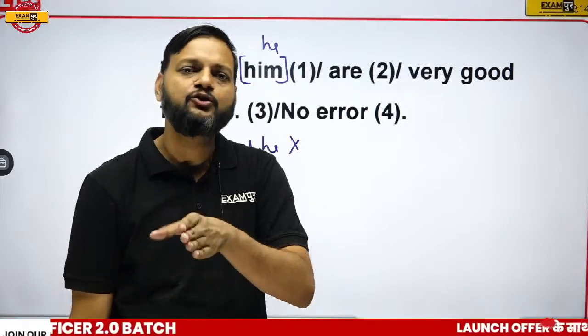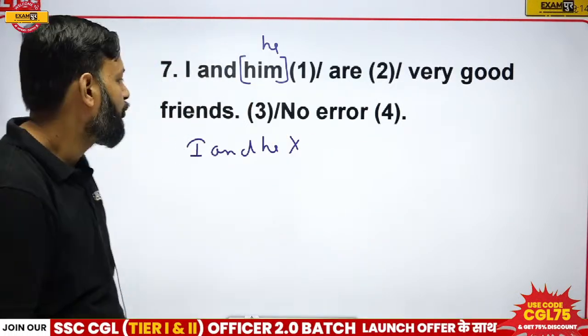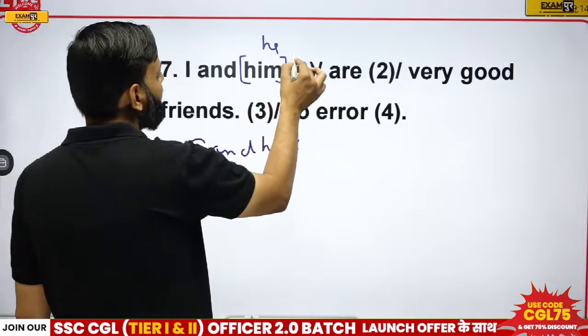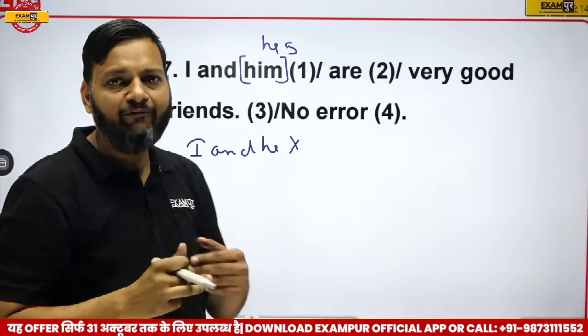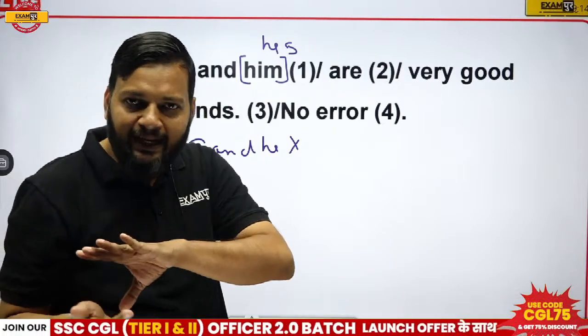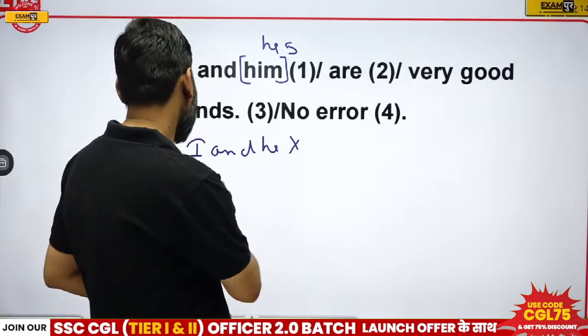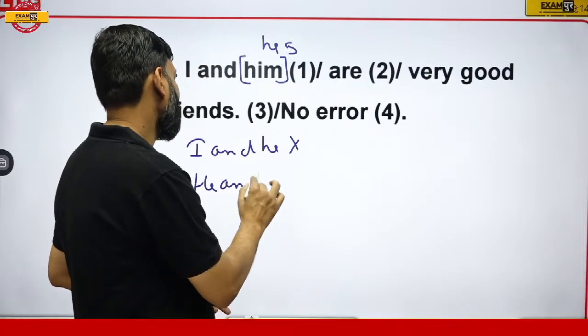So third person should come before first person. So him has to be replaced by he, but these two subjects have to be shuffled, right? He has to come before I. So the correct sequence would be he and I.